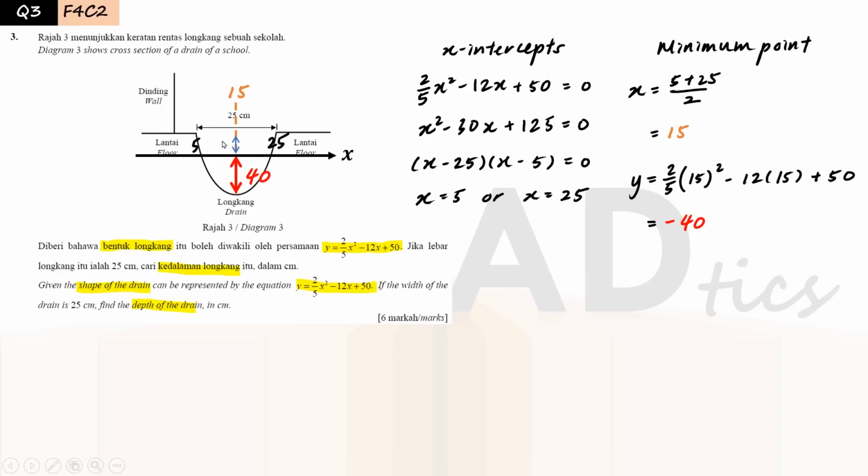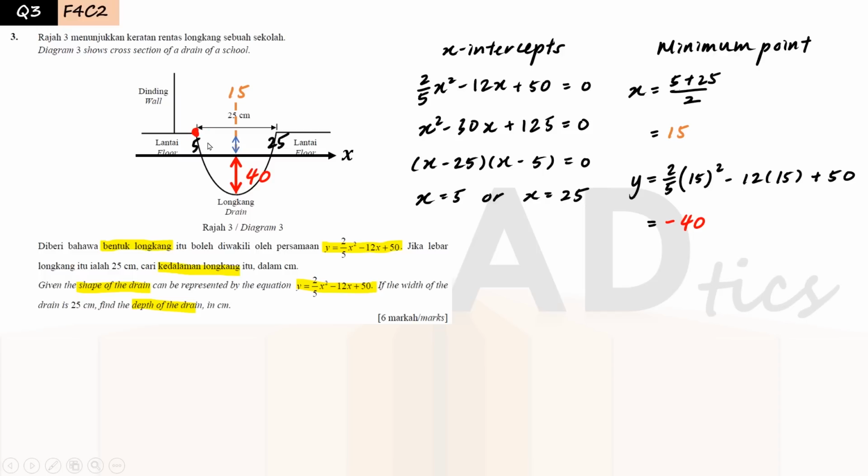Now, the other part is we need to find the distance from the floor to the x-axis. So let's find a point on the floor and find its coordinates. Let me find the coordinate of this point, the left end of the floor.